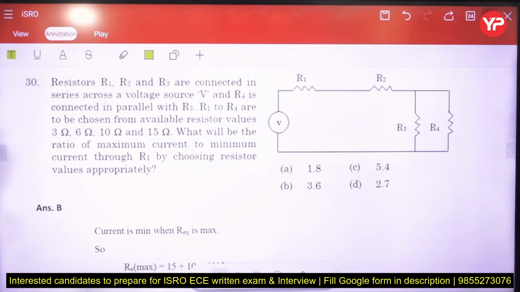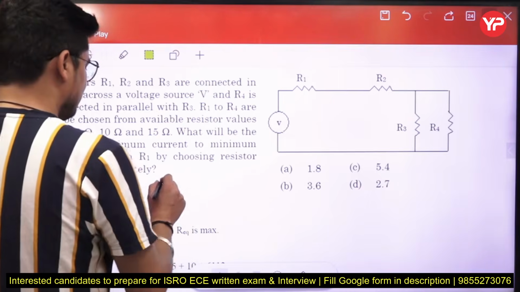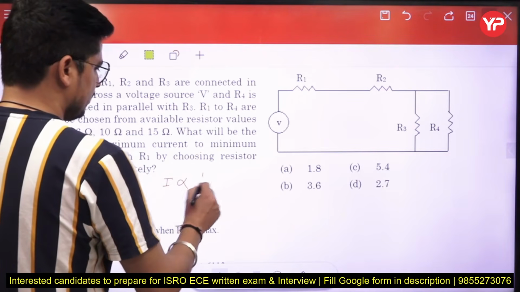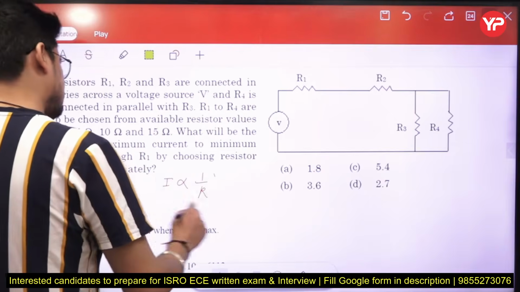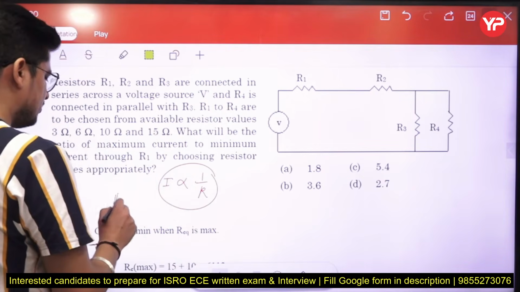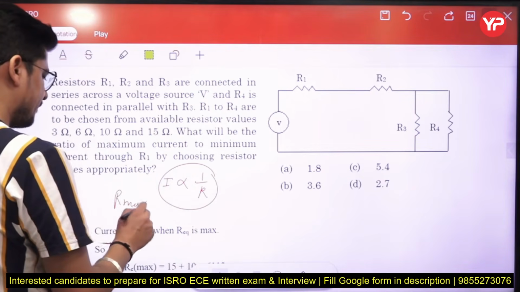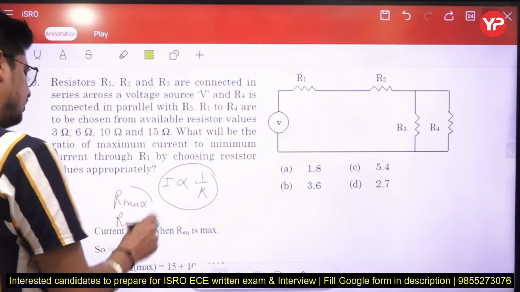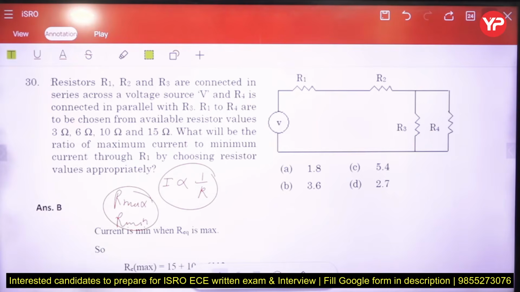What will be the ratio of minimum current to maximum current of R1? See, basically the voltage will remain the same, so current is inversely proportional to the resistance. So we try to find the maximum resistance and minimum resistance. The ratio of that will give you the current ratio, right?